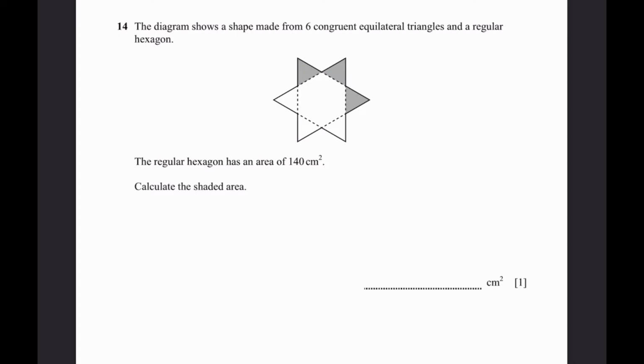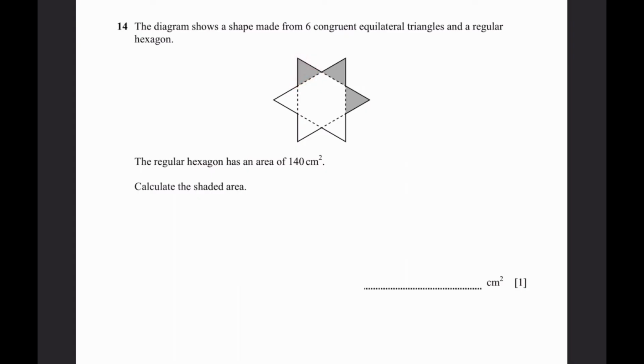The diagram shows a shape made of 6 congruent equilateral triangles and a regular hexagon. The regular hexagon has an area of 140 centimeters squared. Calculate the shaded area. Well, we can see that the side length of the equilateral triangle is the same as the side length of the regular hexagon.